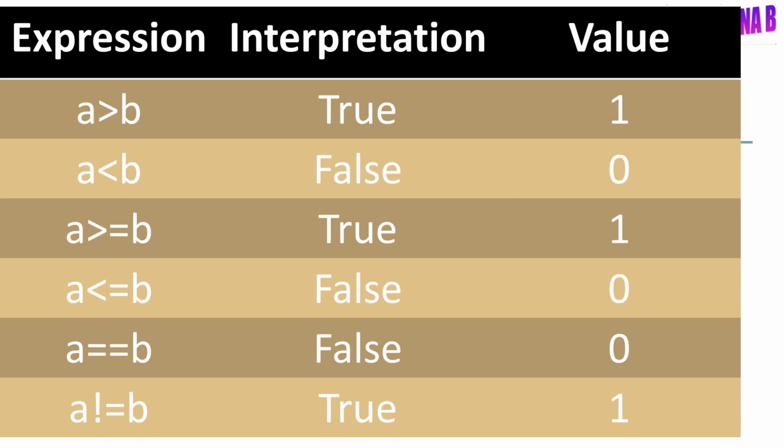Similarly, a greater than or equal to b will return true and the value will be 1. A less than or equal to b will be interpreted as false and it will return the value 0. A equal to b, 100 equal to 4, the condition becomes false, therefore it will give the value 0. A not equal to b, 100 not equal to 4, the result will be true, therefore it will return the value 1.